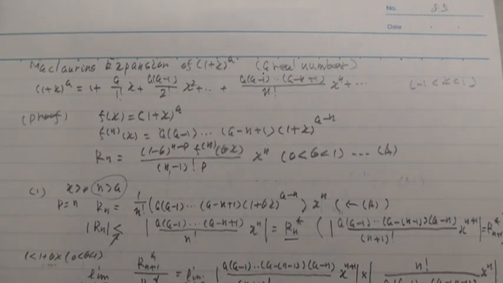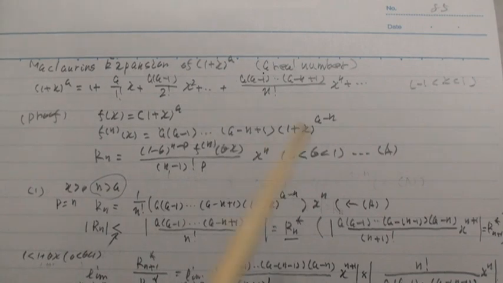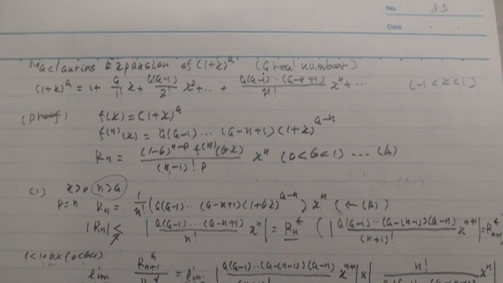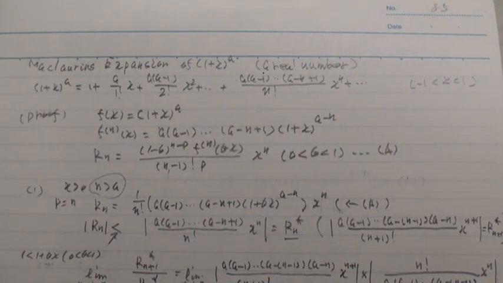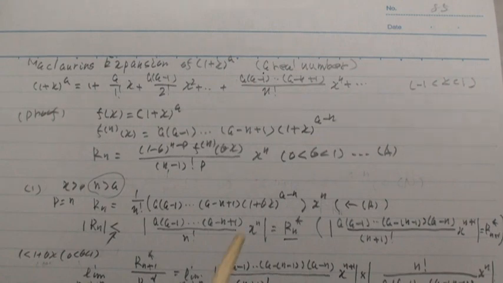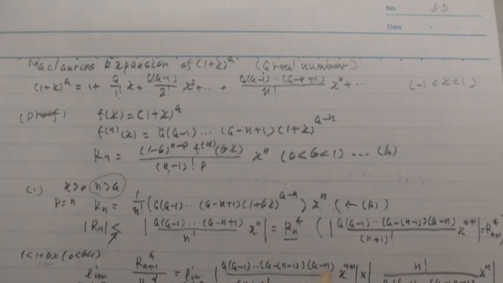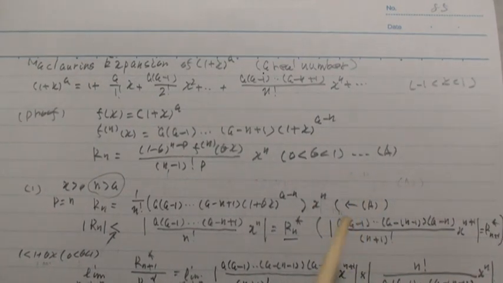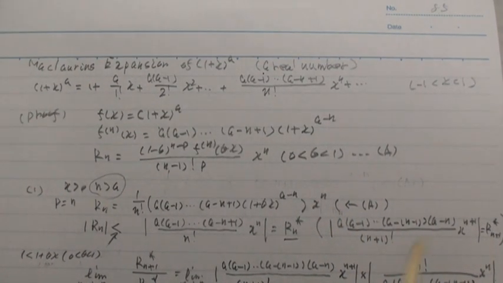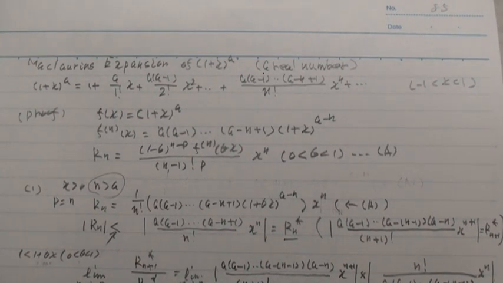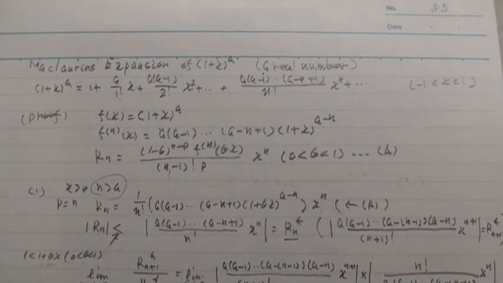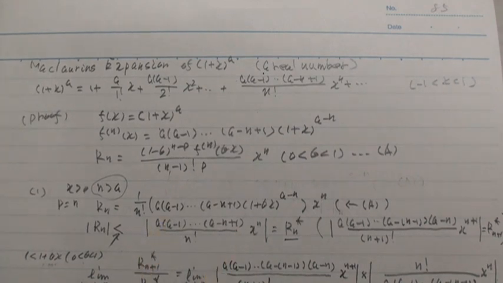And R_{n+1} star equals this. And then R_{n+1} star over R_n star equals 1 over R_n star times this, and then (a - n)/(n + 1) times x in absolute value.